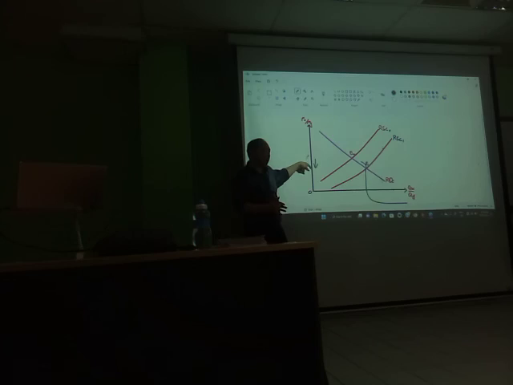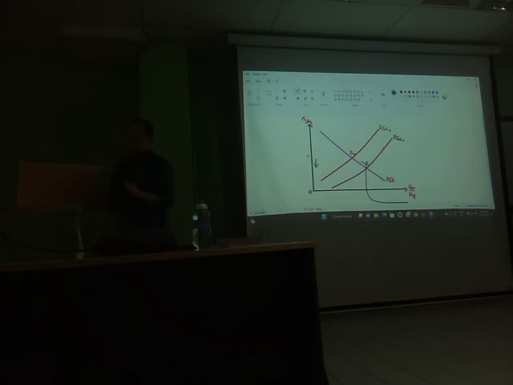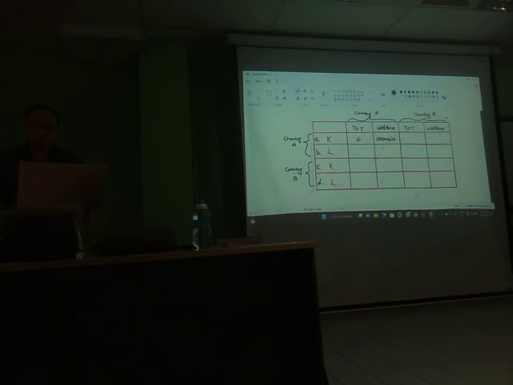The other one is imperfect competition, which is one of the market structures we learned before. Remember, in microeconomics we learned four structures: perfect competition, imperfect or monopolistic competition, monopoly, and oligopoly. Here we consider imperfect competition because economies of scale are more appropriately analyzed under it.